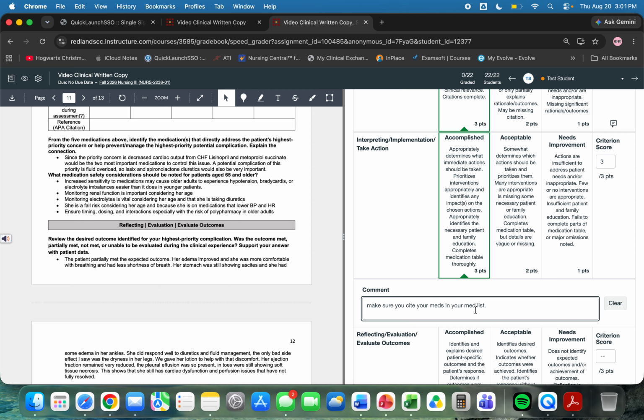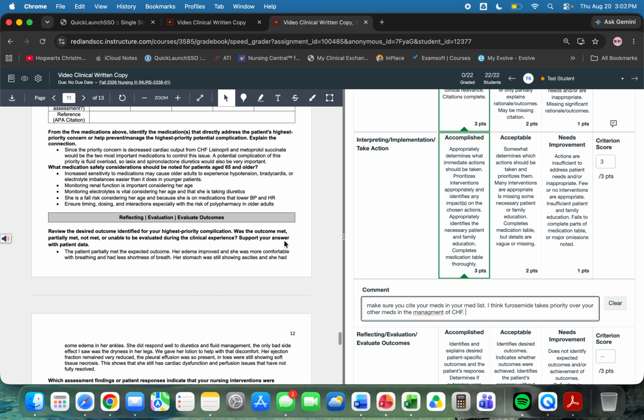So I would maybe comment on that and say, I think furosemide takes priority over your other meds in the management of CHF. And I would just make that comment on there.